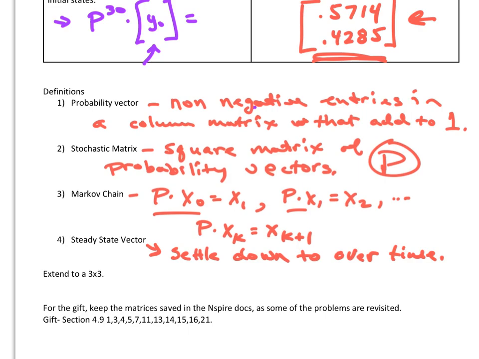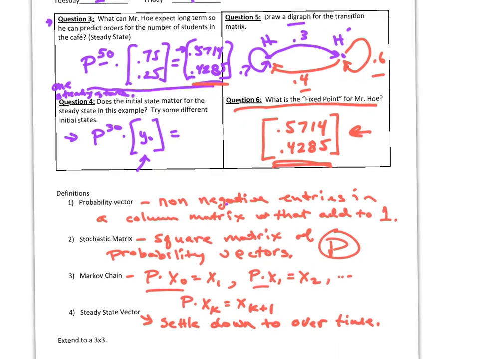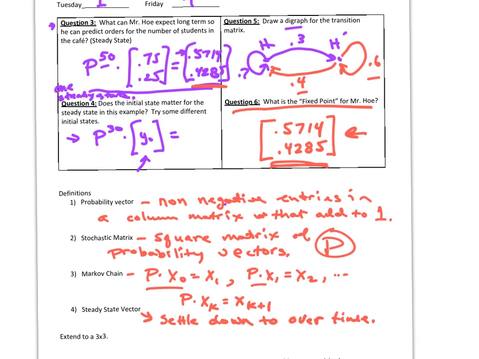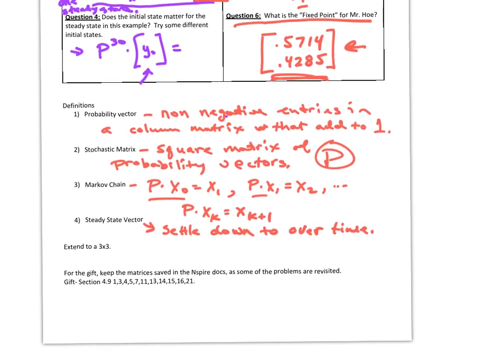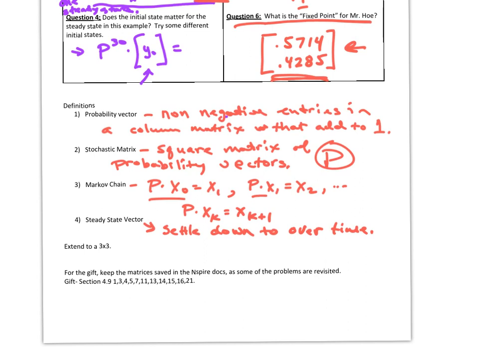So our little method where I just raised it to a really high power, like I did up here, works if there's only one steady state. If not, you have to go into the book and figure out how to solve for that. Okay? So that's what we want to try to do. And you're going to be extending this to 3x3s, etc. But right now, I just did a 2x2 example, and your gifts for 4.9 are here. These are fun, and students tend to really enjoy these.